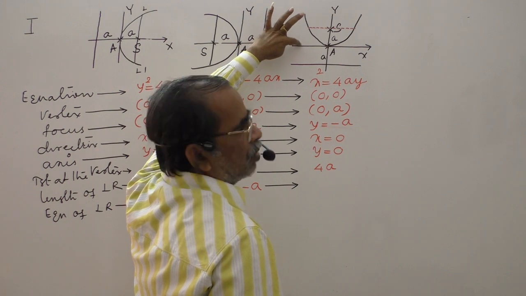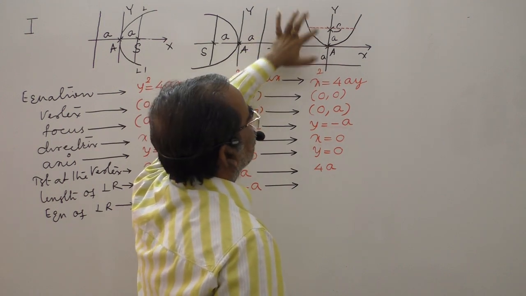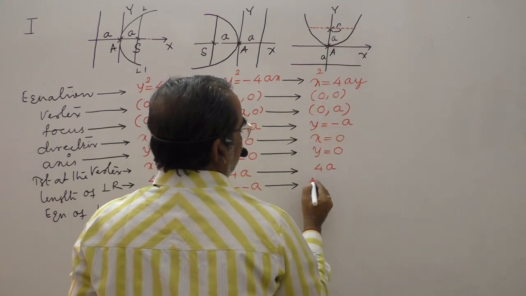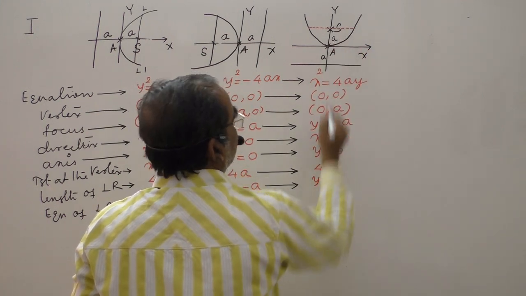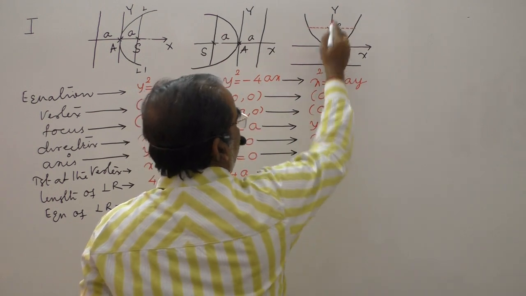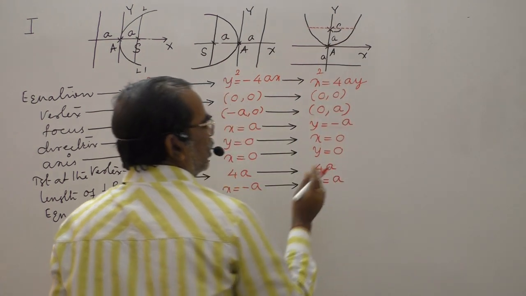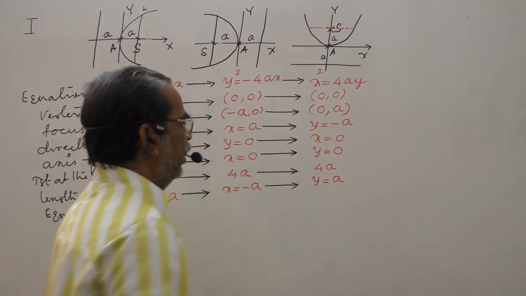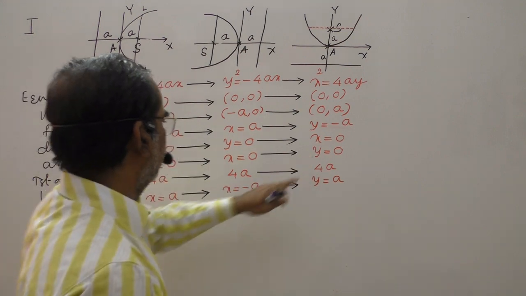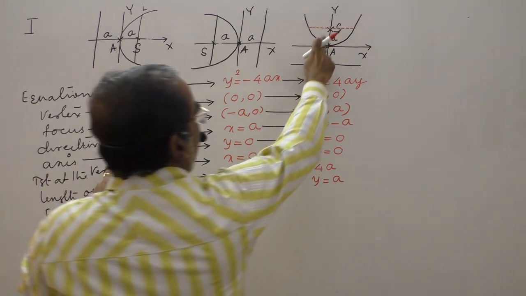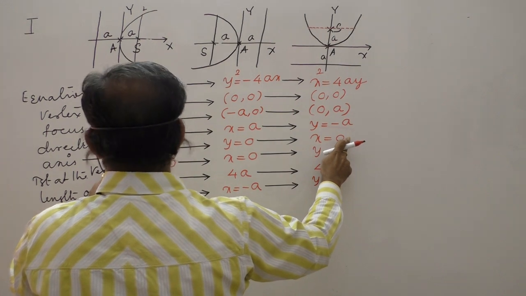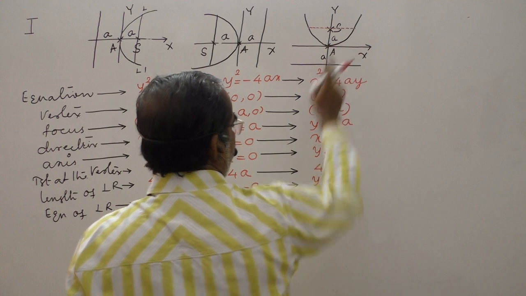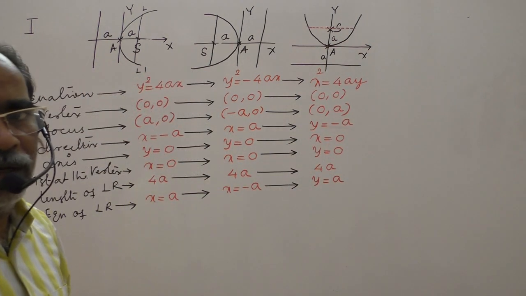Both are parallel to the tangent at the vertex, equidistant from it. So it is also parallel to the x-axis, y equal to something. It is above the x-axis at a distance of a. Therefore, this is y equal to a. The axis is the y-axis, x equal to 0. The tangent at the vertex is y equal to 0, the x-axis. These are the details of this.